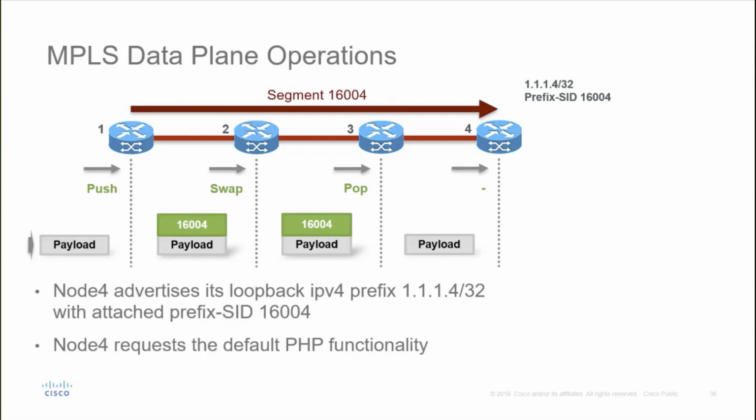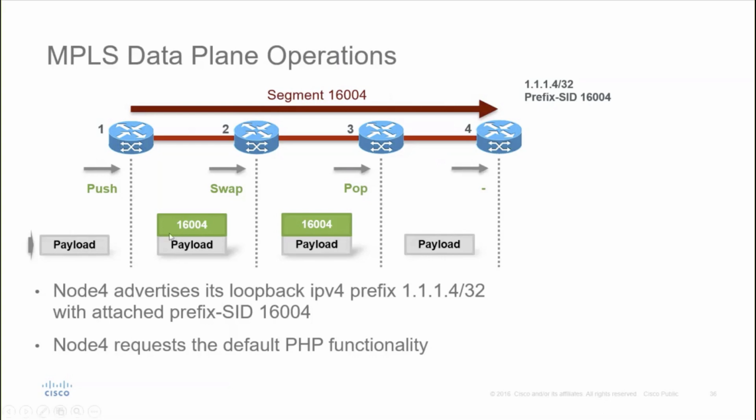Device number 1 receives traffic, let's say, for a BGP route that is advertised with the next hop of 1.1.1.4. My IP to MPLS imposition path will make router number 1 push the label of the BGP next hop. In this case, it will be 16004. So the packet out of 1 will have the label 16004.